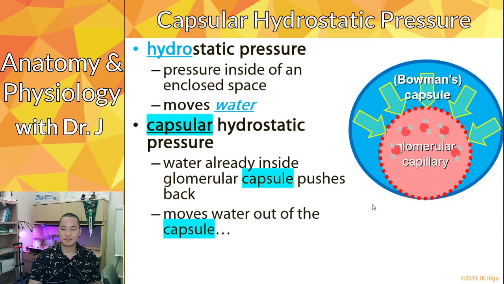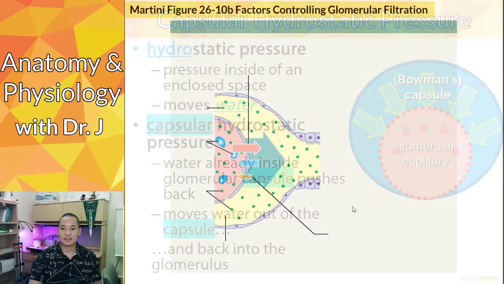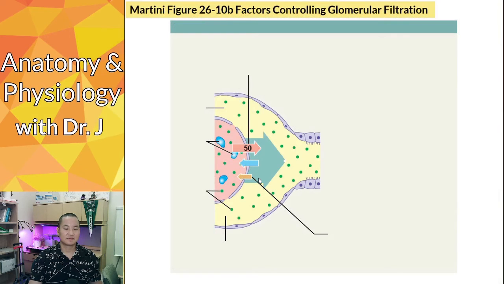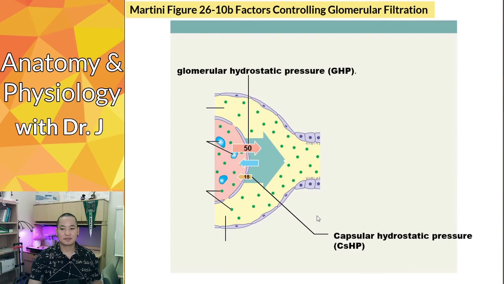Now what happens here? The glomerular hydrostatic pressure, remember, you have that heart pumping blood everywhere in your body, so that's the big force driving glomerular hydrostatic pressure. You do have pressure pushing back from the water already in here, but glomerular hydrostatic pressure, under normal conditions in a healthy kidney, is going to win out.